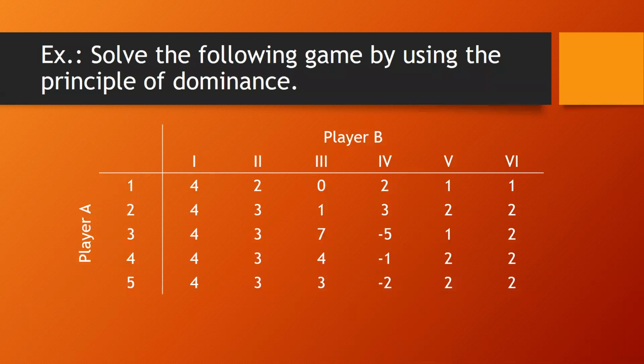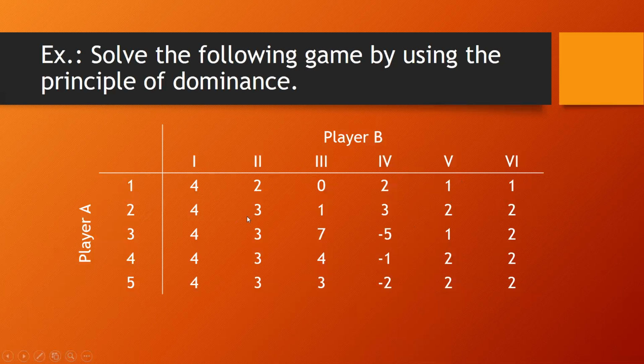By observation itself, you can see that if you look at the first row and compare it with the other rows, you'll find that 4 is equal to 4, 3 is greater than 2, 1 is also greater than 0, 3 is greater than 2, 2 is greater than 1, and 2 is also greater than 1 here.